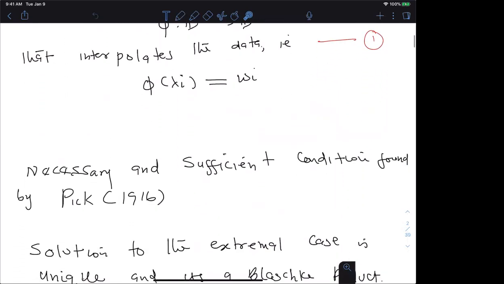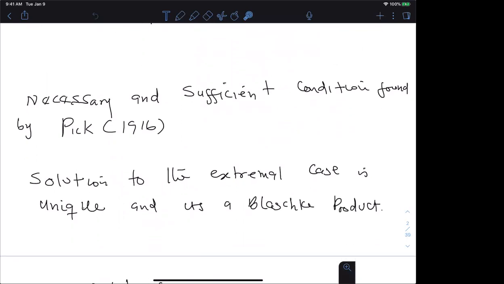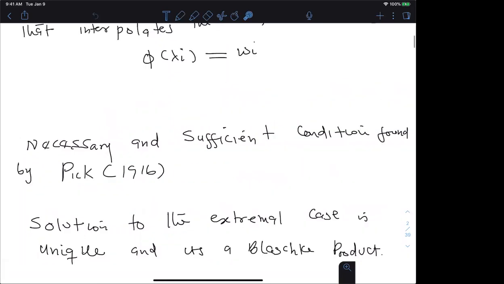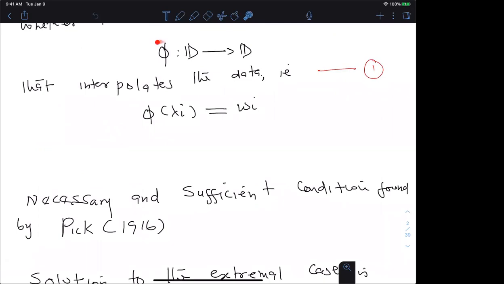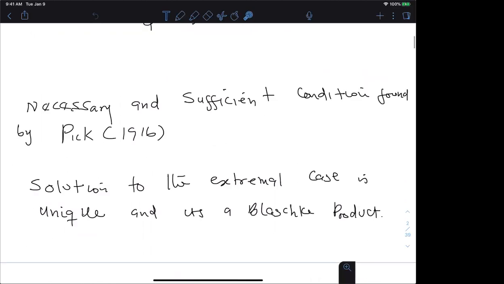Pick further asserts that the solution to the extremal problem is this: if there exists a solution, a holomorphic function of modulus 1, such that there is no other solution of modulus less than 1 that interpolates the problem, then that is called the extremal case, or the extremal problem. He asserted that the extremal case has a unique solution, and in fact, that solution is a Blaschke product.